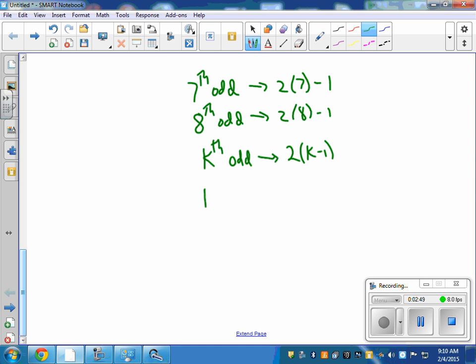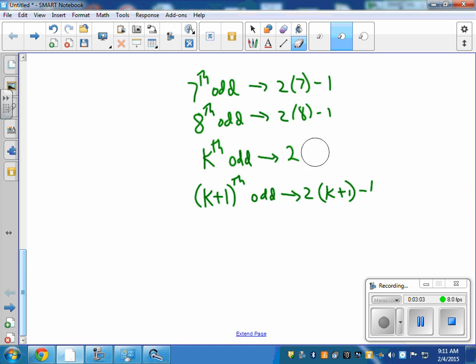What is the number that comes at k plus 1? I don't know if that's a th. Oops, I goofed this one up here. Let me back that up. The kth odd number is 2 times k minus 1, and the k plus 1th odd number is 2 times k plus 1 minus 1.